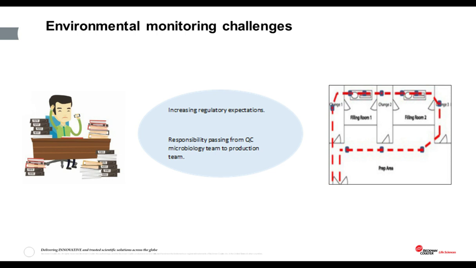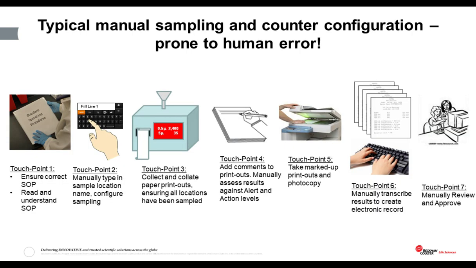Firstly, the microbiology staff are very overqualified, shall we say, to carry out such simple routine tasks. And the second point is it reduces the number of people in the clean rooms, thus hopefully reducing the potential for product contamination. However, the downside is the production team do not, of course, have the same high level of knowledge about microbial and routine environmental monitoring, and this creates challenges in itself.